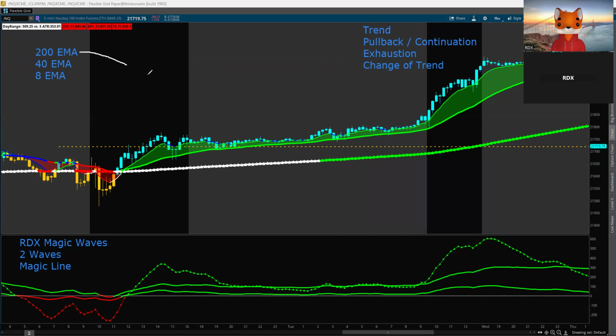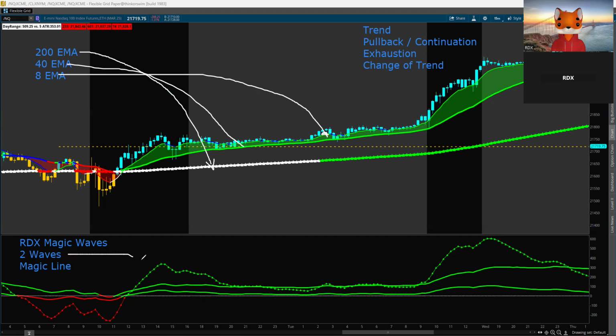On my main chart, the top chart, I have a 200 EMA, a 40 EMA, and an 8-period EMA right there. And on my indicator, my RDX Magic Waves indicator, I've got the two waves, which are these two lines here, and then the magic line, which is this line here. Using this, I define a trend. I can see it every day, and I use it for my trades.